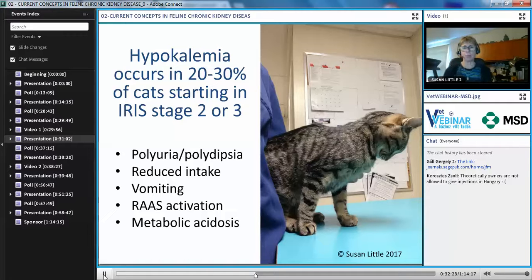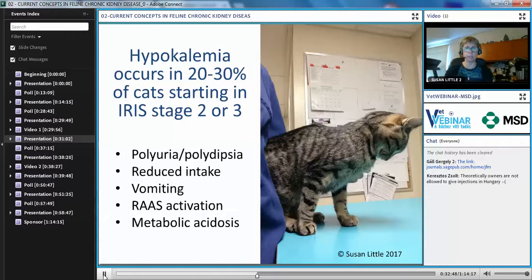These cats may not be eating as well, so their intake is reduced. If they're vomiting, they may be losing some potassium in the vomitus. Many cats, as their chronic kidney disease progresses, get activation of that renin-aldosterone-angiotensin system, and that increase in aldosterone levels causes sodium retention but potassium excretion.